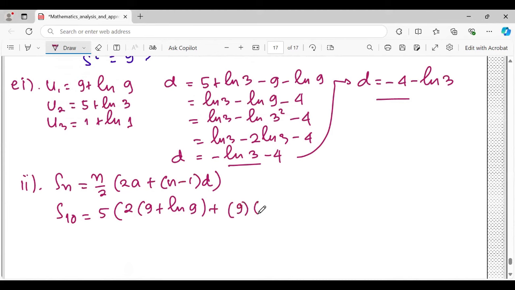It's going to be 90 plus 10 ln 3 squared minus 36 minus 9 ln 3.